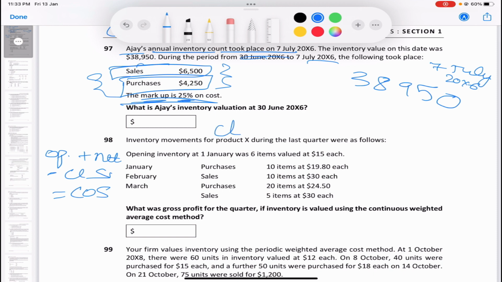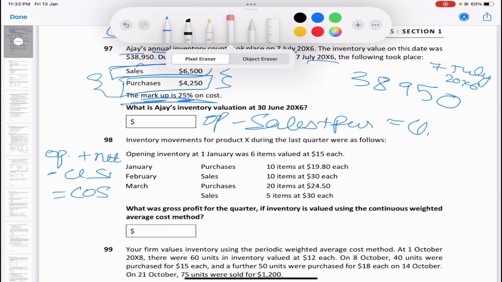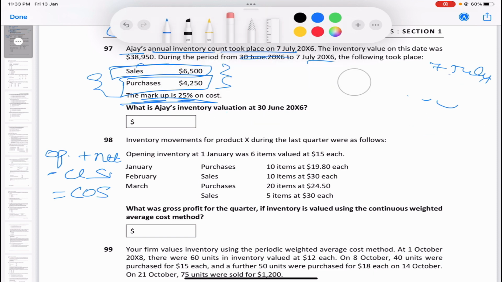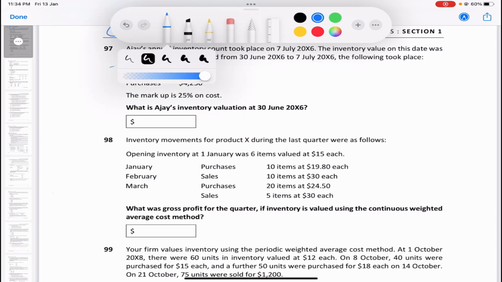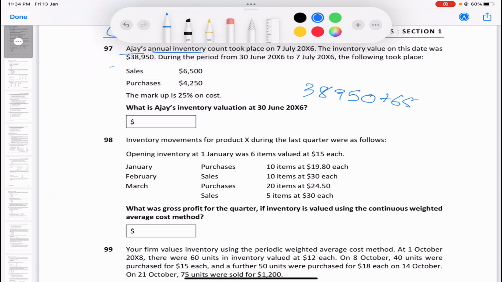Just a second, opening stock minus sales plus purchases will give me the closing stock, right? So you just have to use this formula and find the answer. I hope you can do it by yourself.